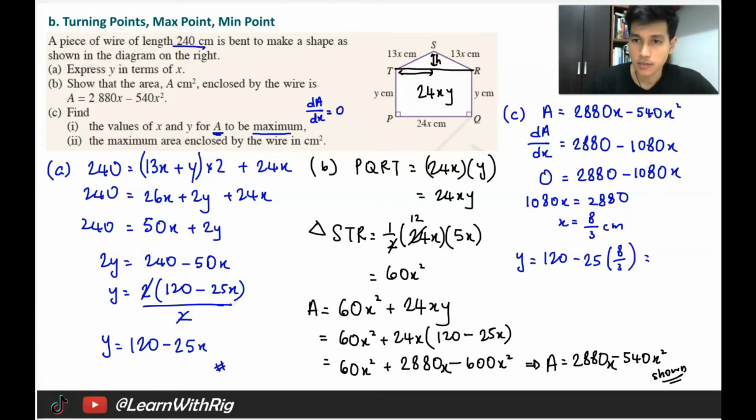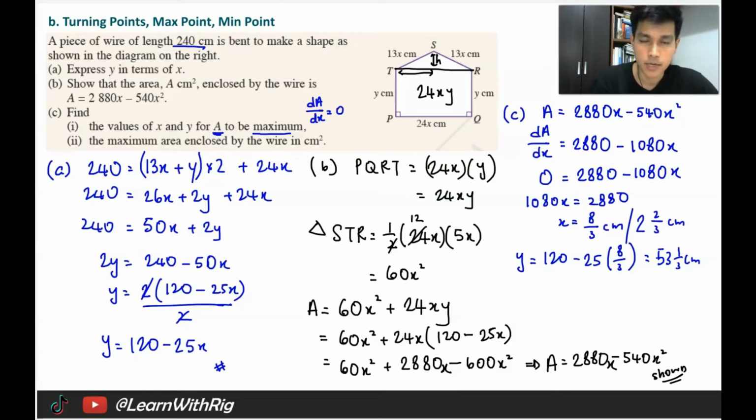So you should get 160/3, or you can write it as a mixed fraction, which is 53 1/3 cm. You can just leave it as mixed, it looks better. So 53 1/3 cm, and x is 2 2/3 cm. So that is question C.